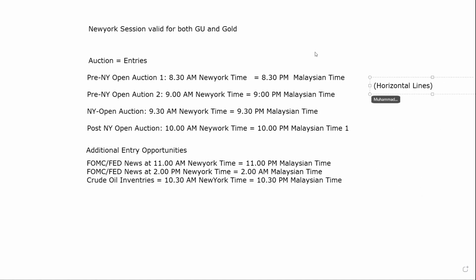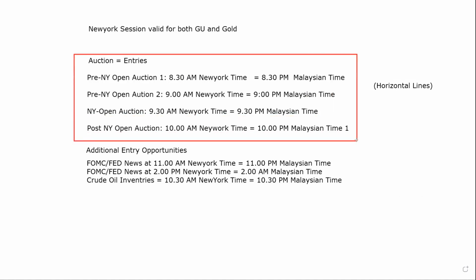So these are all where you should draw the lines. Not horizontal, sorry. Vertical lines, dotted lines on your chart. These are the additional opportunities which you're looking for.